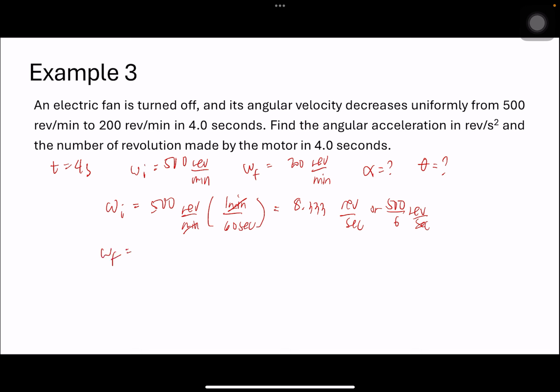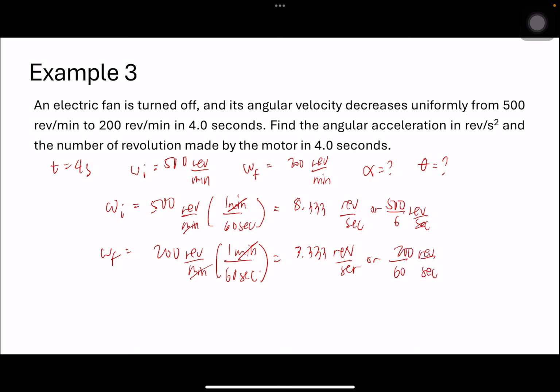Your final will be 200 revolutions per minute. Then getting it in seconds, you'll get 3.333, or 200 over 60 revolutions per second.